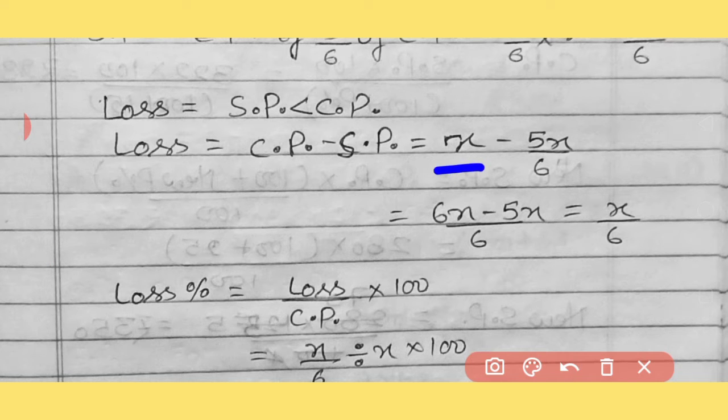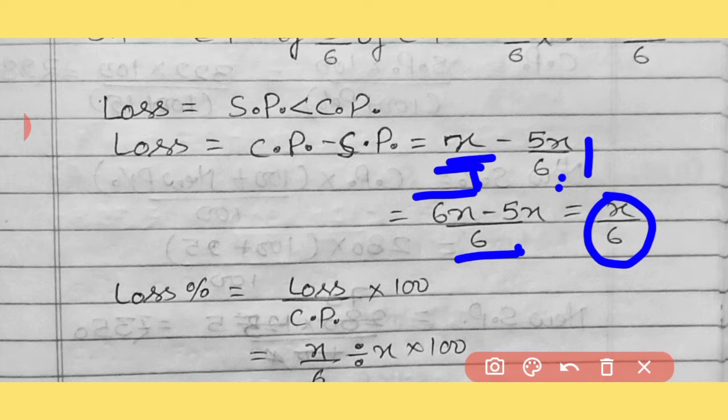CP is X and SP is 5X upon 6. So fractionally, firstly we will take the LCM of 6 and 1. So 6 multiplied with X is 6X, and 5X remains. So 6X minus 5X is equal to X upon 6.